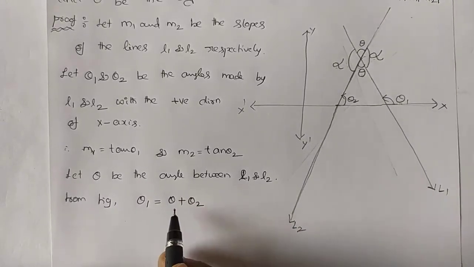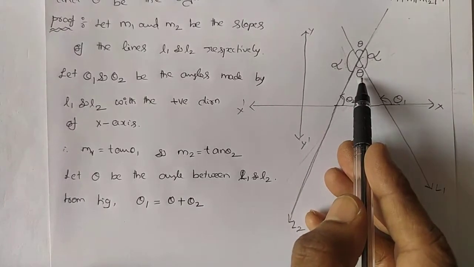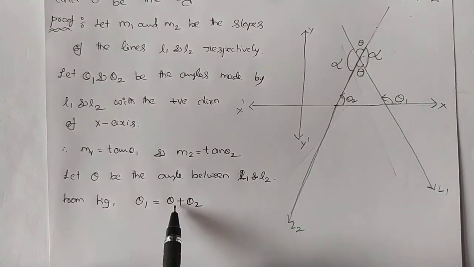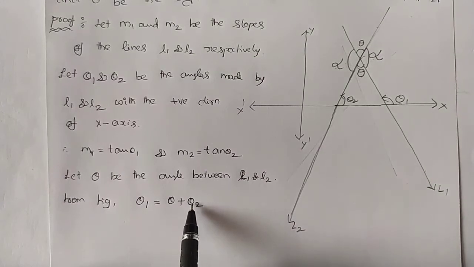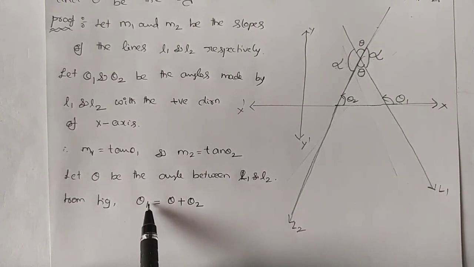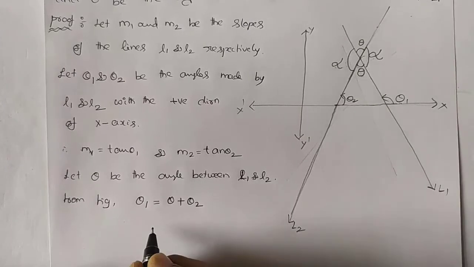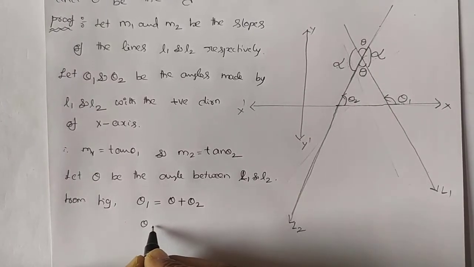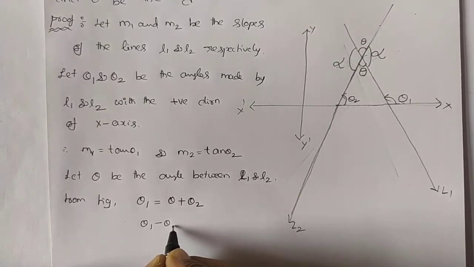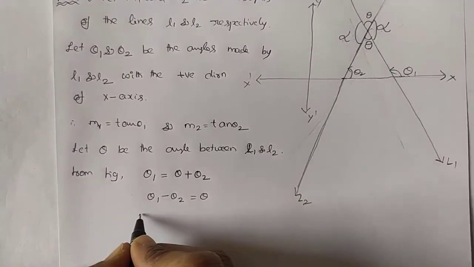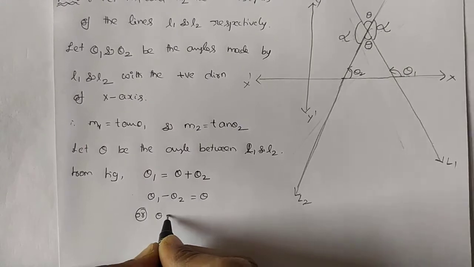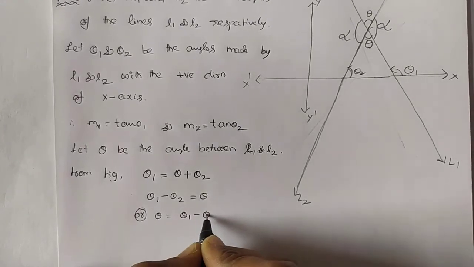Now we have to find the angle theta. So send this theta 2 to the left, then it becomes theta 1 minus theta 2 equals theta. This can also be written as theta equals theta 1 minus theta 2.